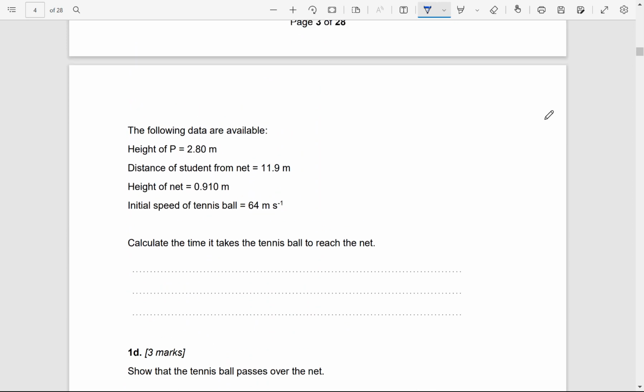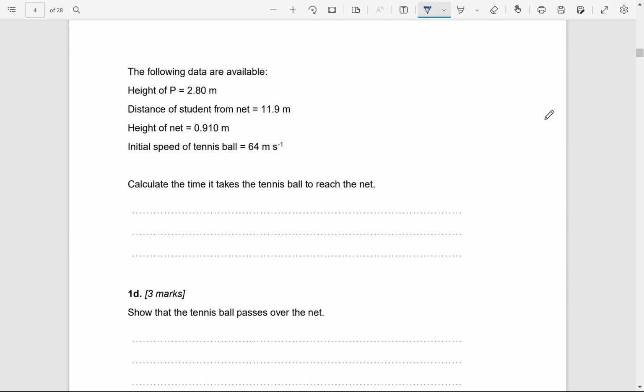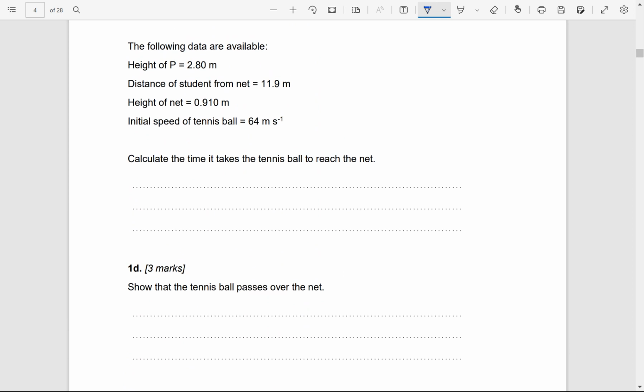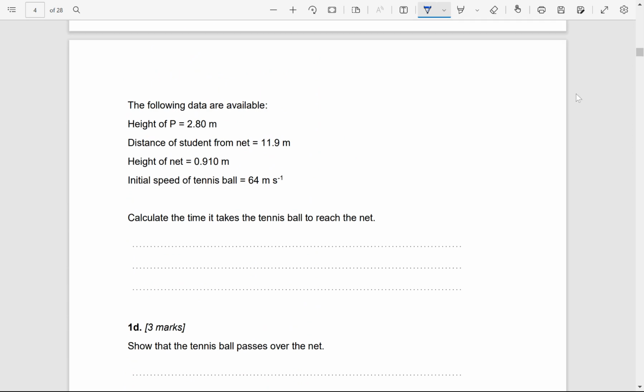For question 1C, we're asked to calculate the time it takes the tennis ball to reach the net. So what I tend to do is draw my own little diagram. Even though we can't see the diagram, I'm going to draw my own little diagram up here with the information that I would like to keep.